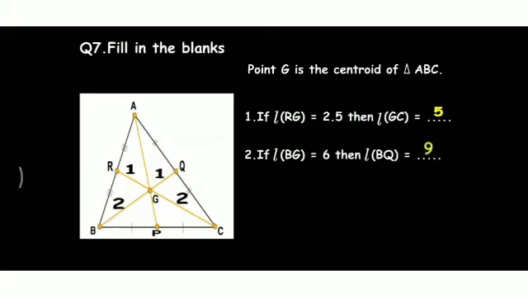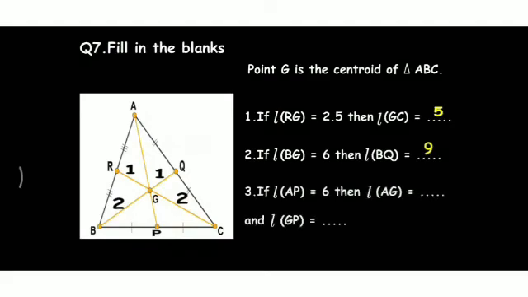Now we will see the next question, which is if length of AP is 6 centimeter. The length of the whole median is given as 6 and length AG we have to find and length of GP we have to find. So here which will be the 2 parts and which will be the 1 part? Yes, correct. AG will be 2 parts and GP will be 1 part.